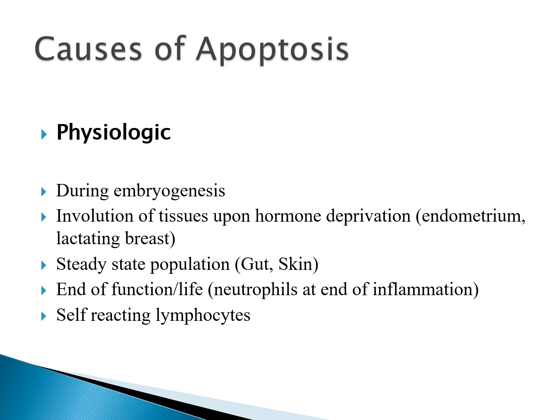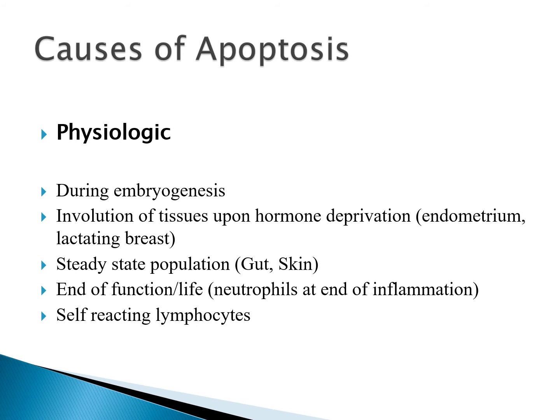Also, it is involved in the involution of tissues upon hormone deprivation, like in the endometrium after menopause, for example, when we have estrogen withdrawal, and they develop endometrial atrophy, and also some cells, due to the lack of hormone stimulation, will choose to die by apoptosis.